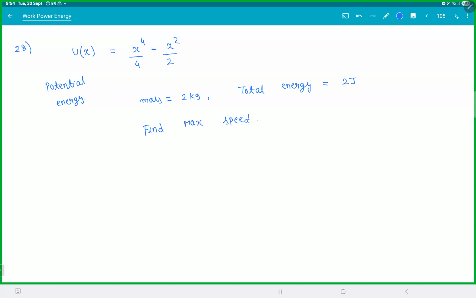Let's get this. Root 2. That's a trap. That's not the answer here.